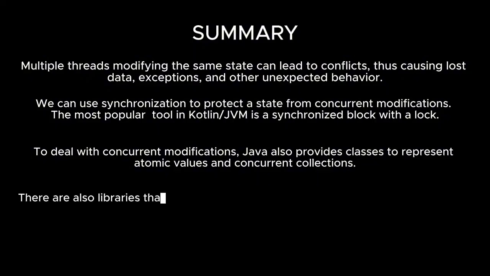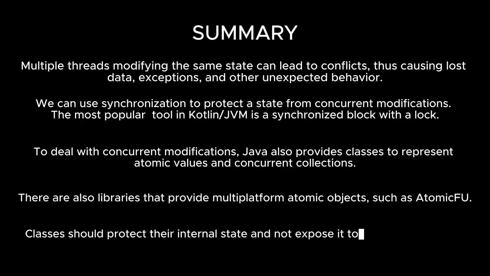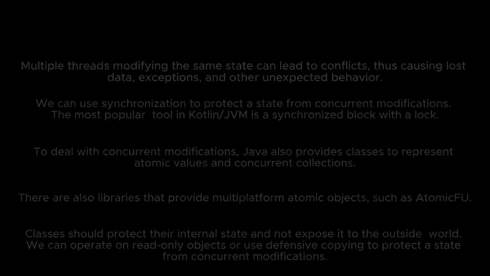There are also libraries that provide multi-platform atomic objects, such as AtomicFU. And finally, classes should protect their internal state and not expose it to the outside world. We can operate on read-only objects or use defensive copying to protect a state from concurrent modifications.